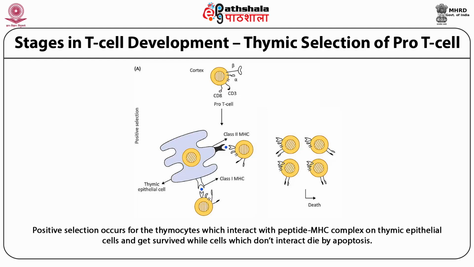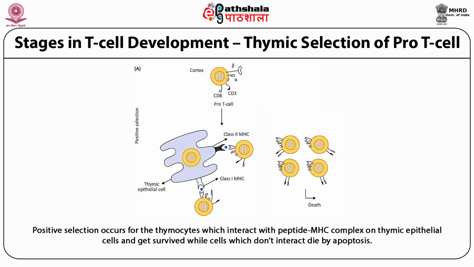Self-MHC restriction means the T cell can respond to MHC of the host cell in which it is generated. So they are self-MHC restricted. And self-tolerance means the T cell will not get activated in response to self-antigen present in the host cell. So they are self-tolerant. This selection happens in the thymus.